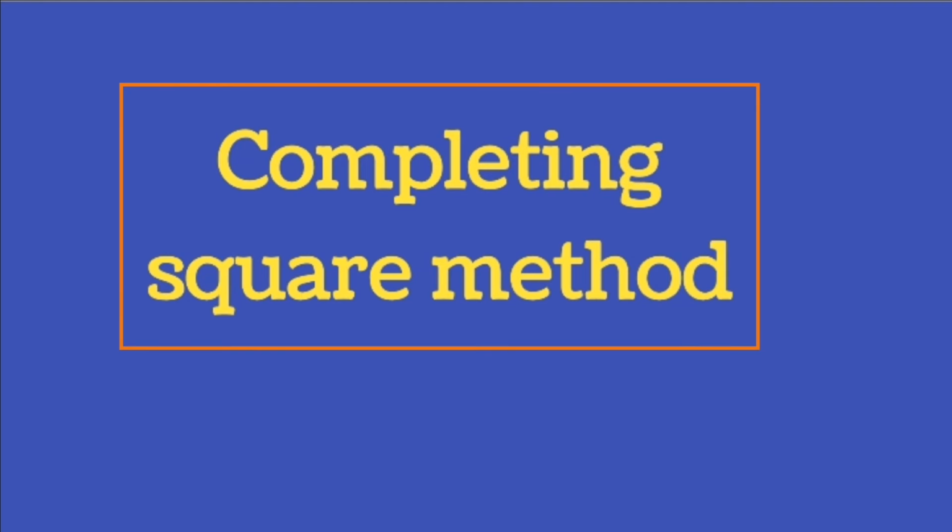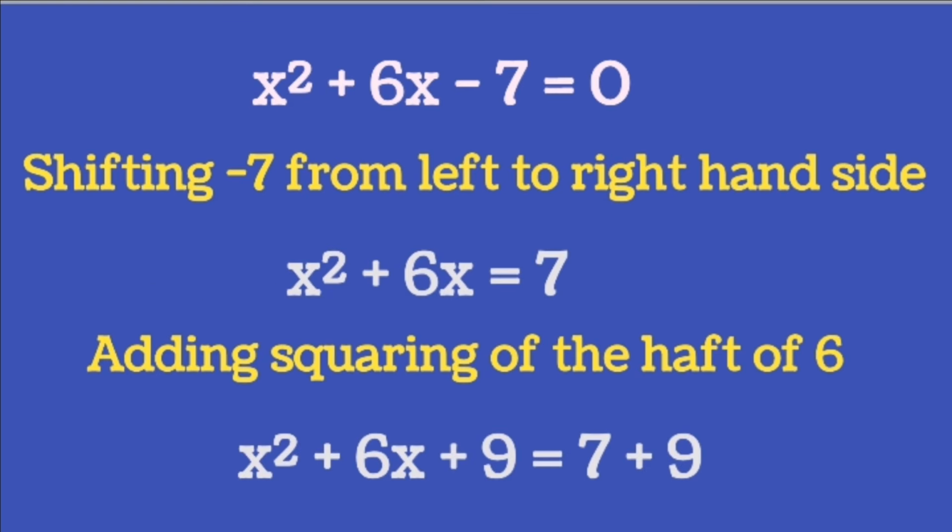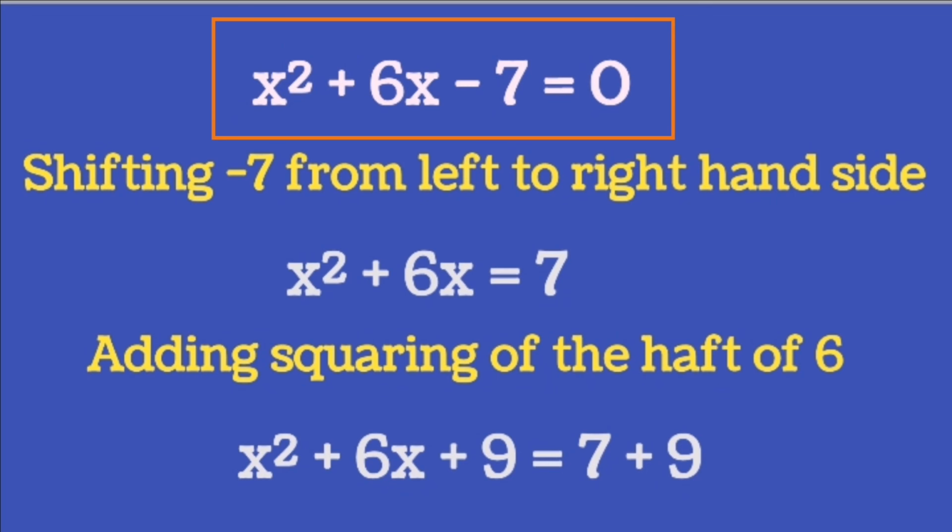Now, completing square method. Consider example x square plus 6x minus 7 is equal to 0. We have to solve this quadratic equation by using the completing square method.